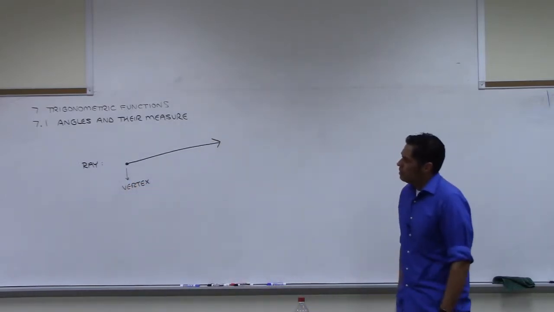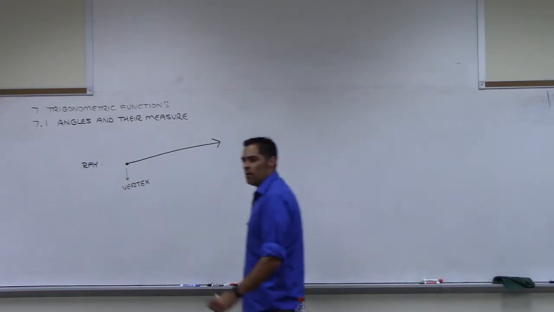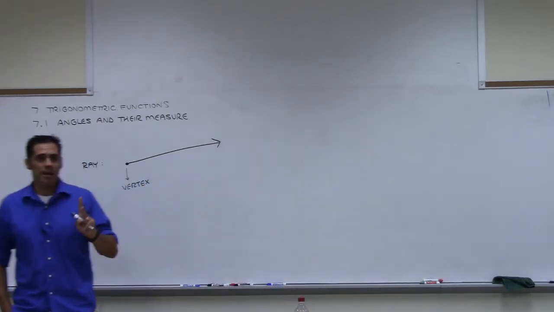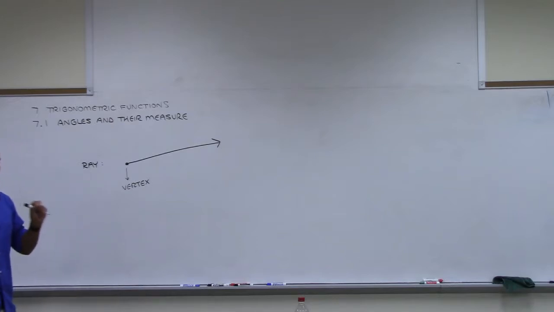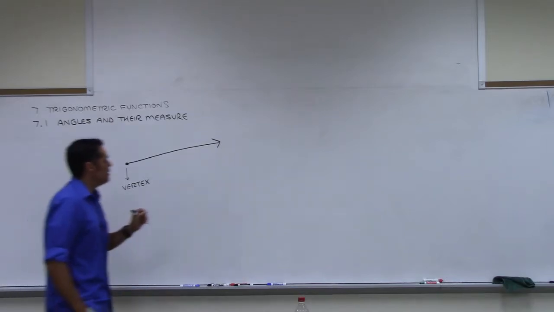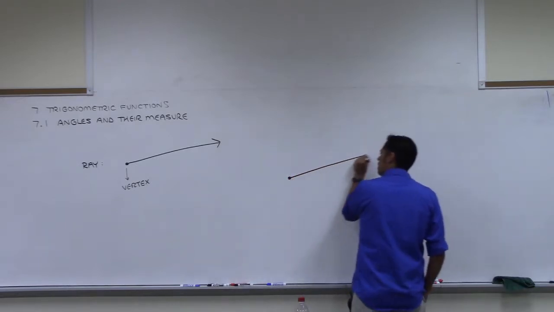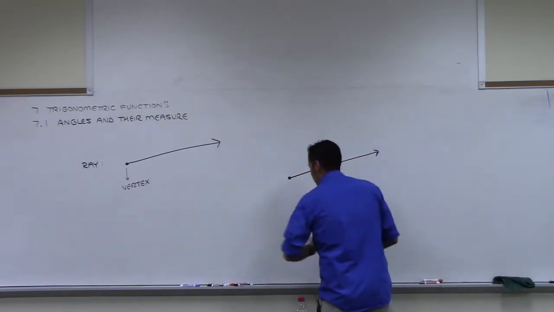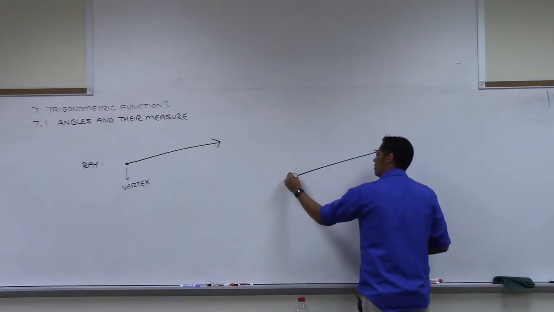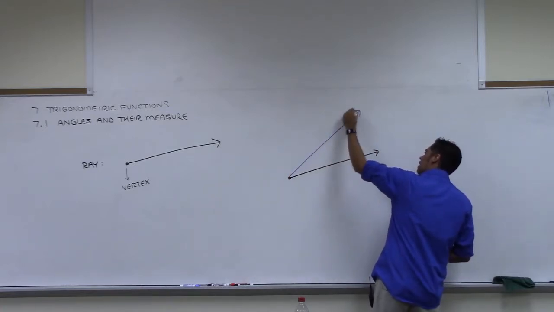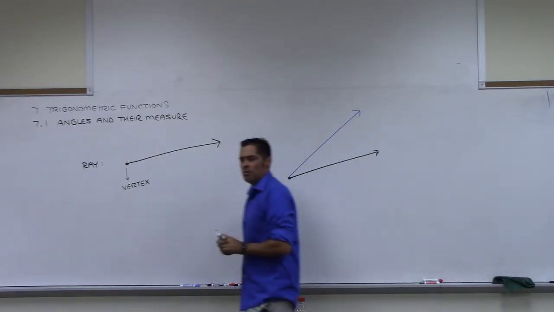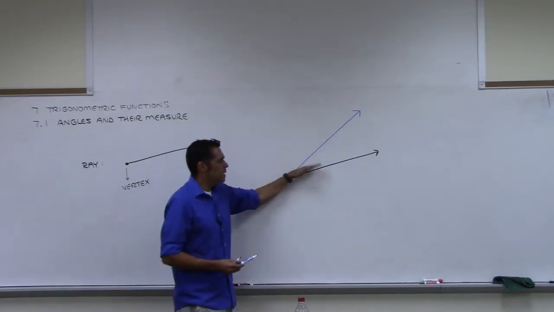When we talk about angles, the idea is that you have two rays that share the same vertex. Then we can quantify or talk about the space between them, and that is our angle.